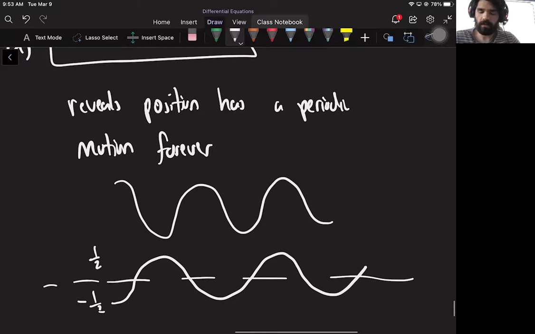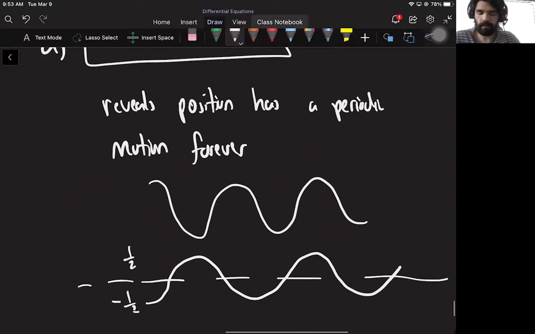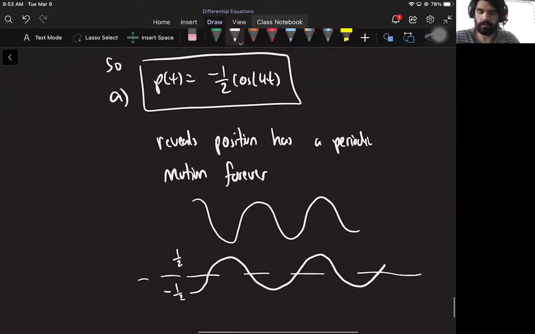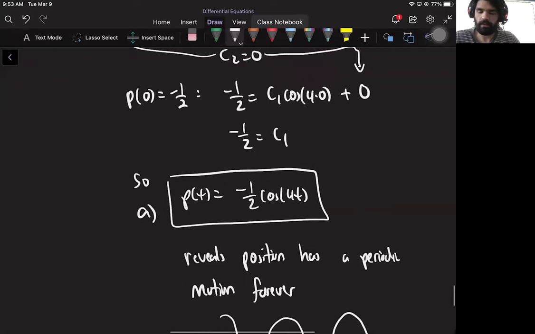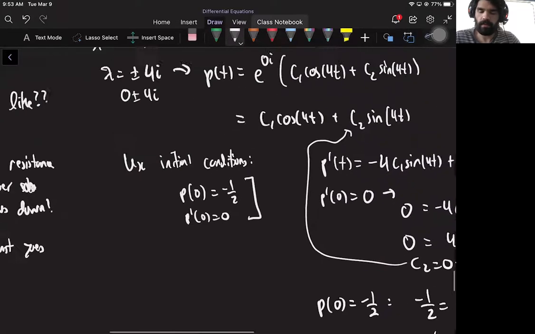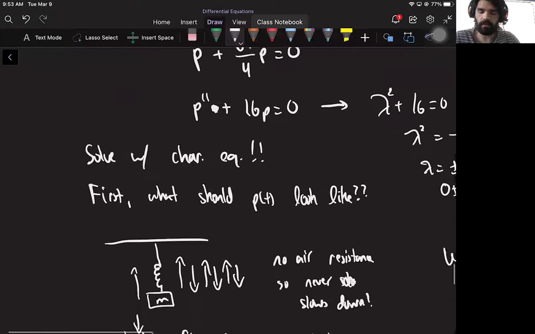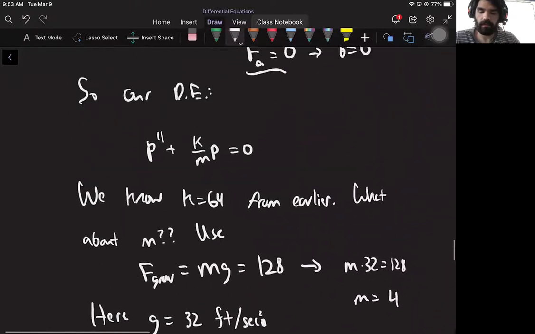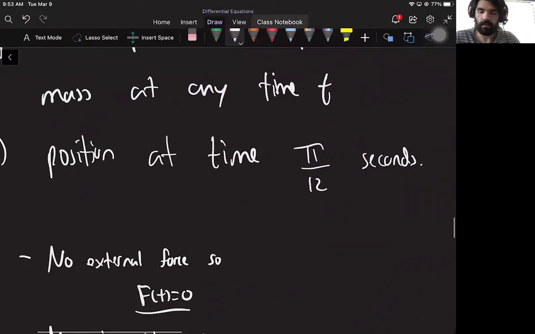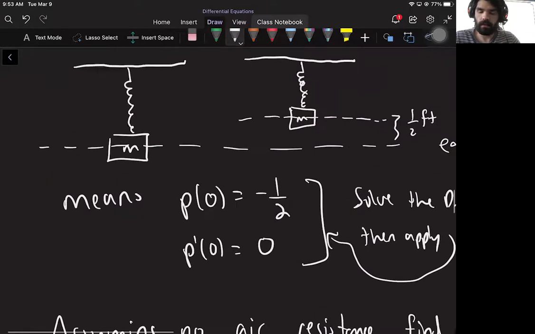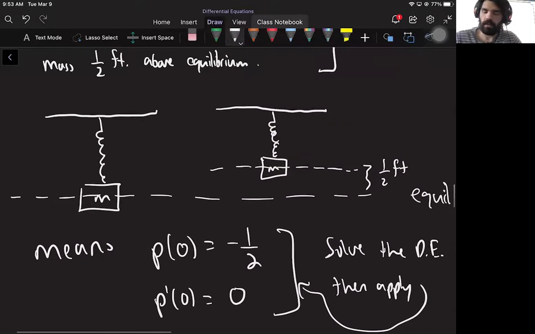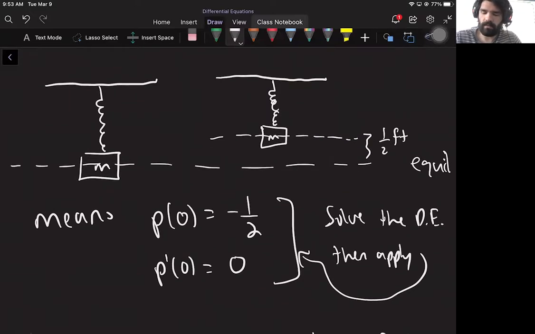1/2, which also makes sense because if I start the spring by pushing it up above equilibrium, where's my picture? Picture here. If I start it by pushing it up 1/2 foot and then I let it bounce up and down, it's never going to be able to go up past 1/2 or below 1/2 either.